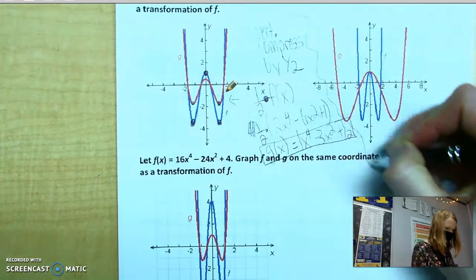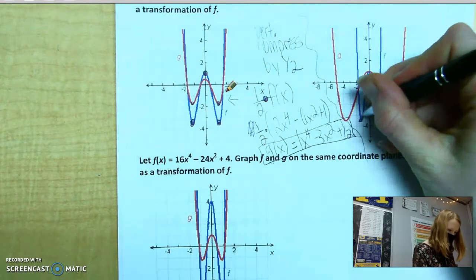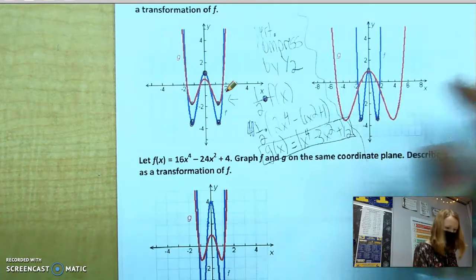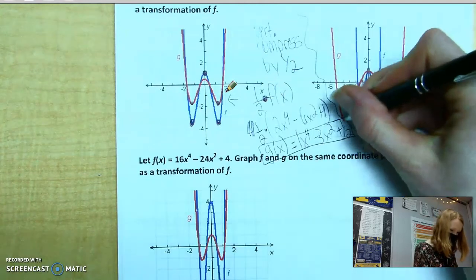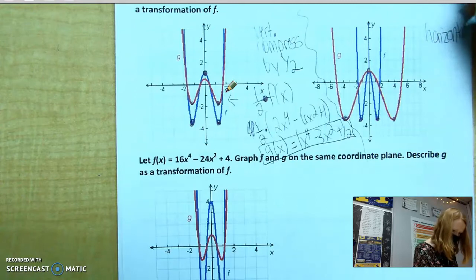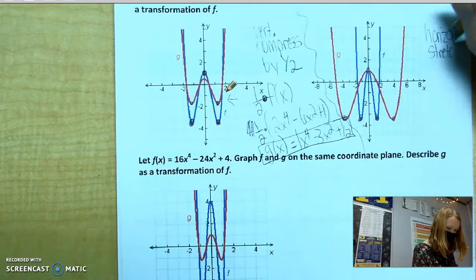So this first example, once again, we were moving closer to the x-axis, so vertical. This time we're taking those same points, but you're going to notice they're moving away from the y-axis, which means it's moving horizontally. And since it's getting farther away, this is a horizontal stretch.